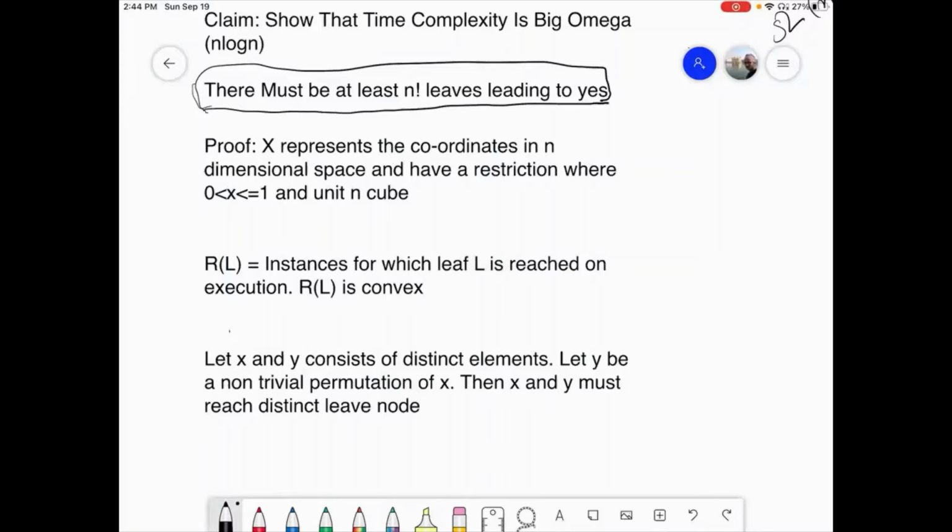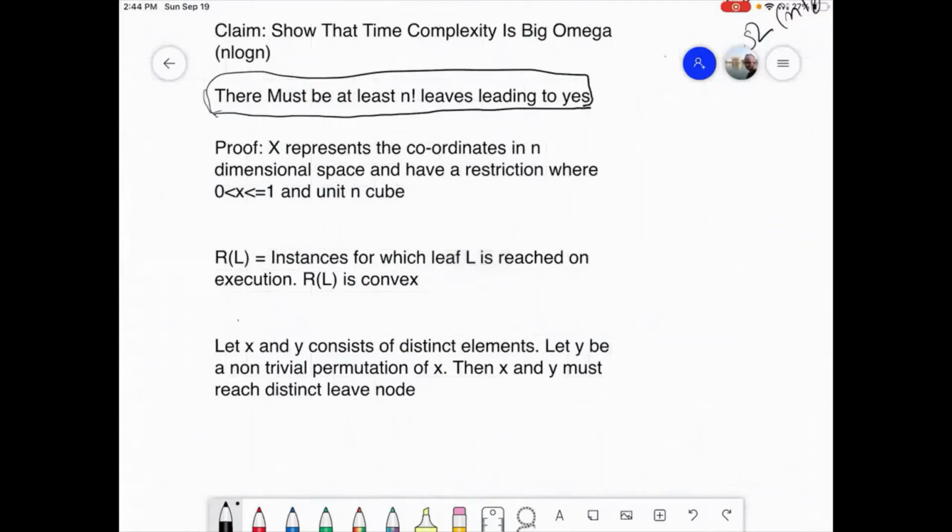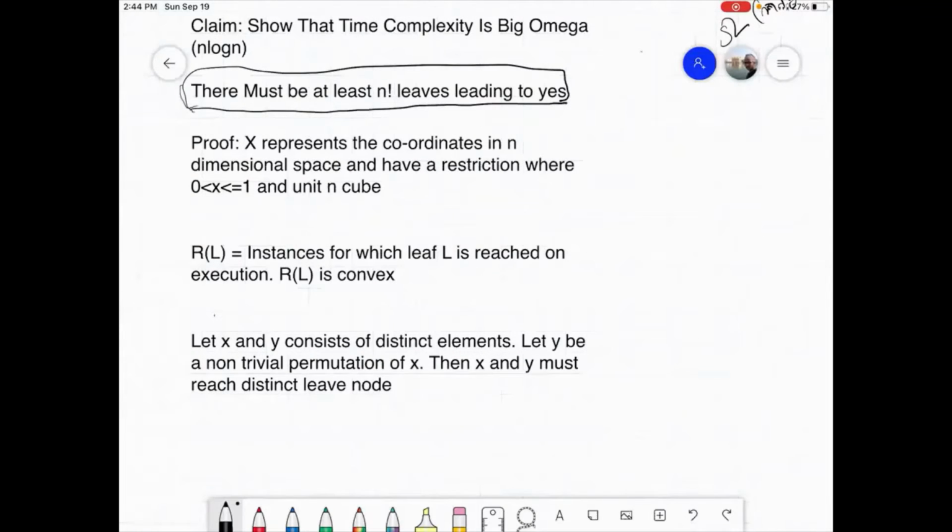First, we consider our input, which is the array, as a coordinate in an n-dimensional space.